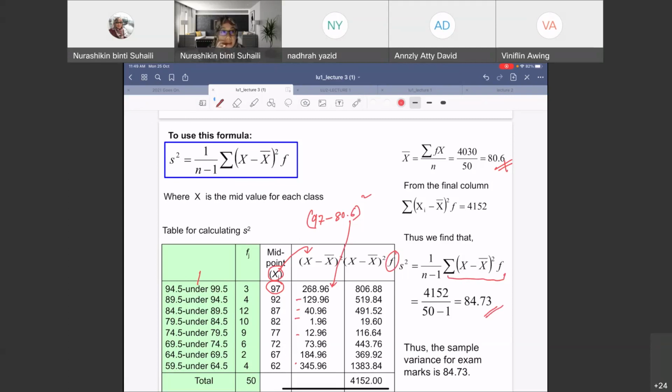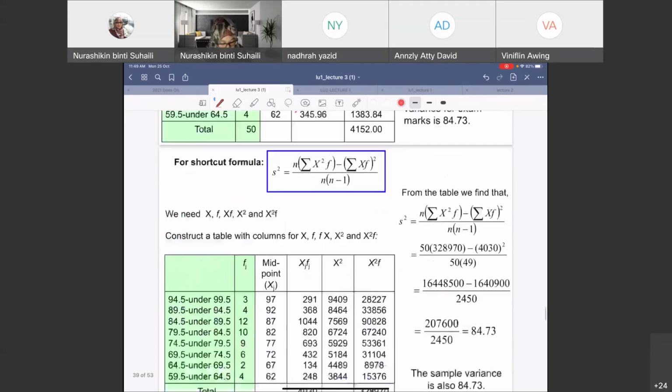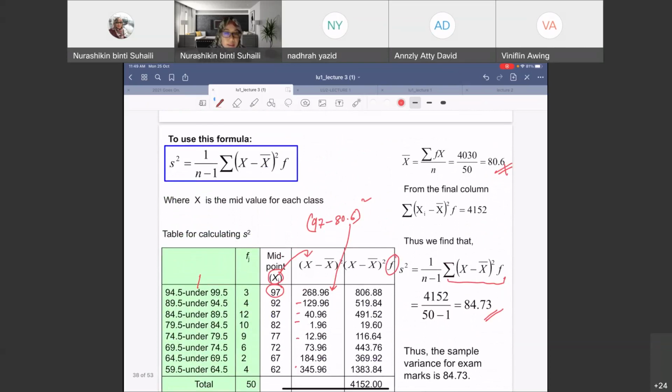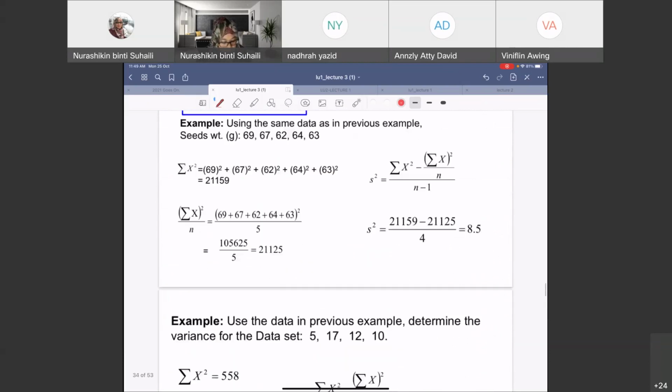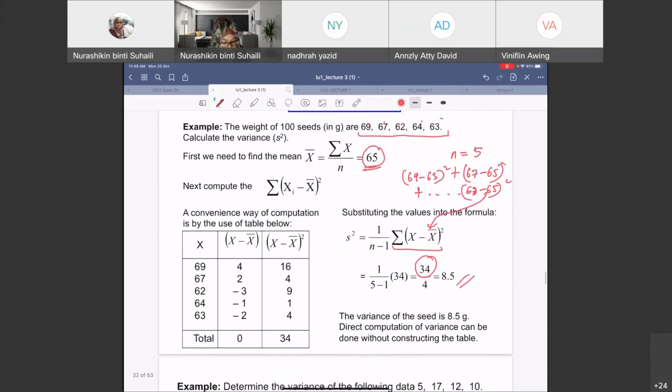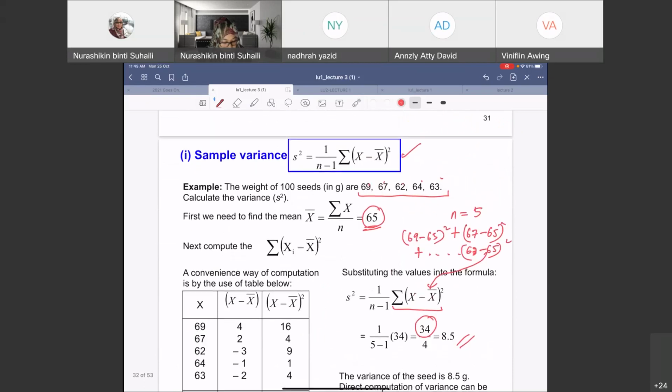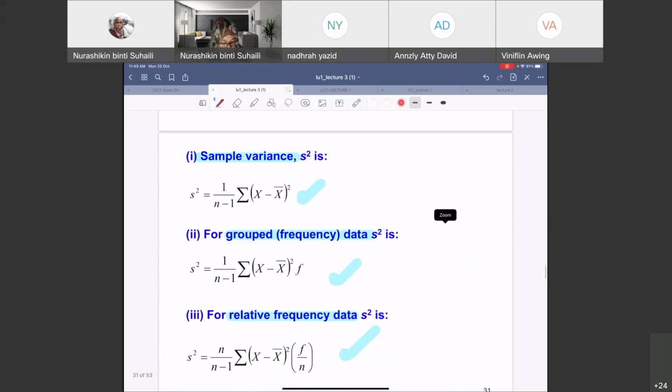square at the end. Okay, so what I can say is that you have to apply different formulas of variance for different types of data. For example, this is group data. Just now, we talked about ungrouped data or sample variance, right? Which is much simpler, the formula. This one is actually for the sample, which is ungrouped data, and then we have group data, and we also have relative frequency data.